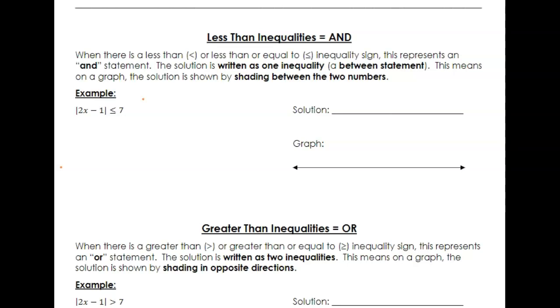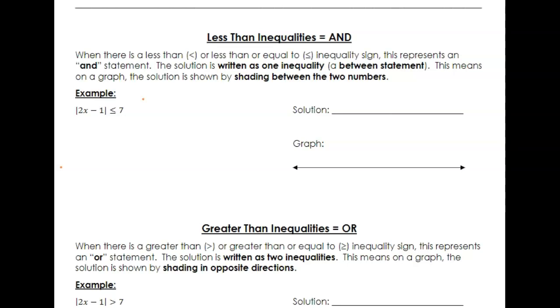It says, when there is a less than or equal to sign, inequality sign, this represents an and statement. The solution is written as one inequality, so kind of like between two values, as a compound inequality. This means on a graph, the solution is shown by shading between the two numbers.